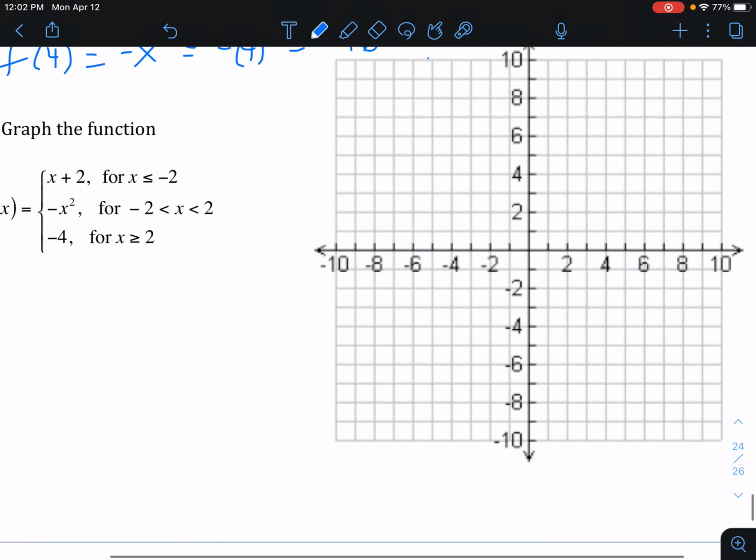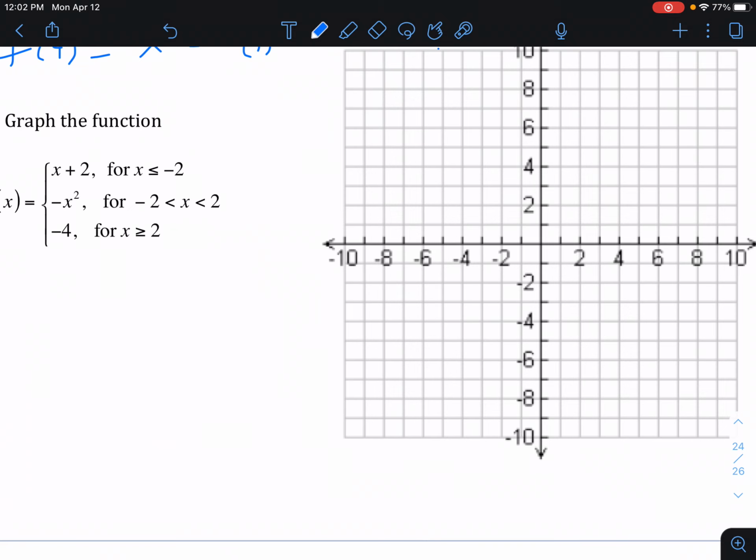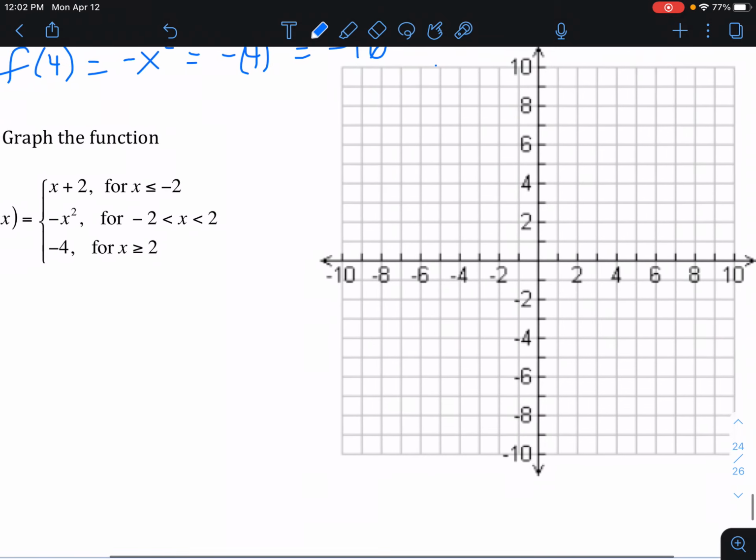Moving on to number 3, graphing piecewise functions. For the first one, to graph x plus 2, what you want to do is graph the line first. So you would have a y-intercept of 2 and a slope in front of x of an invisible 1.